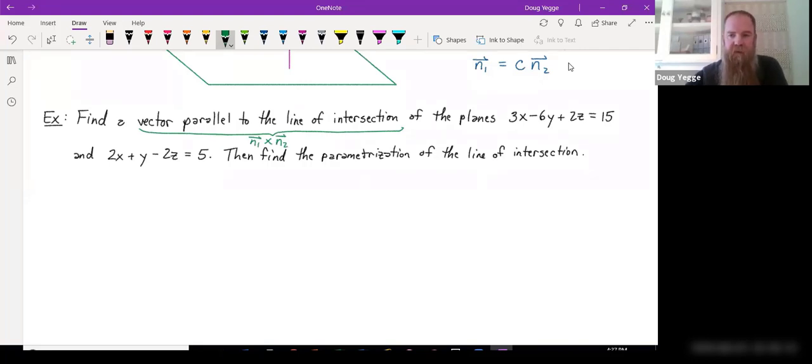If we are given a plane right here, then we can find its normal vector, because that's just the coefficients of 3, -6, and 2. And if I'm given a second plane, then N2 is just going to be the coefficients of that plane, which is 2, 1, and -2.